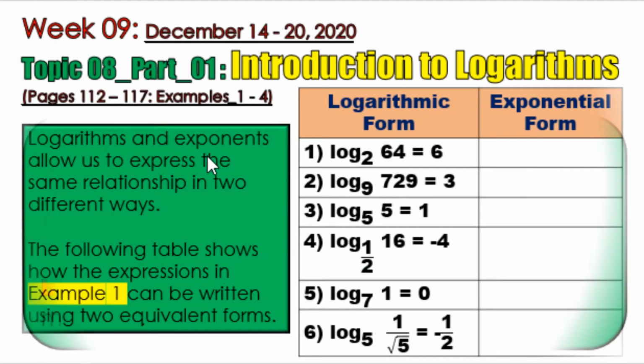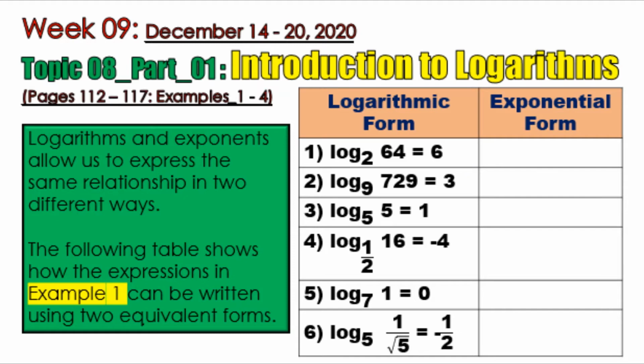Logarithms and exponents allow us to express the same relationship in two different ways. The following table shows how the expressions in example 1 can be written using two equivalent forms. So we have here for the first column logarithmic form, and for the second column we have exponential form. For number 1, we have logarithm of 64 to the base 2 is equal to 6.